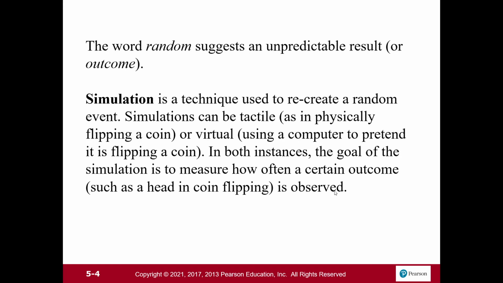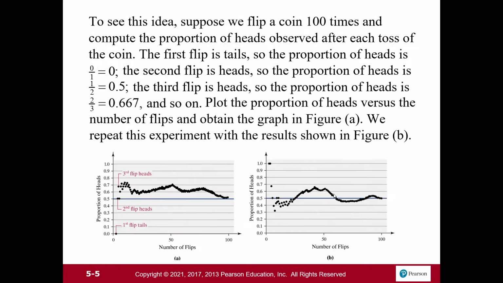And we continue on like this, and then finally, after the 100 flips, we'll plot the proportion of heads versus the number of flips that we've obtained. So in figure A, we repeat this experiment with the results shown in figure B. Figure A and B both illustrate a random process.